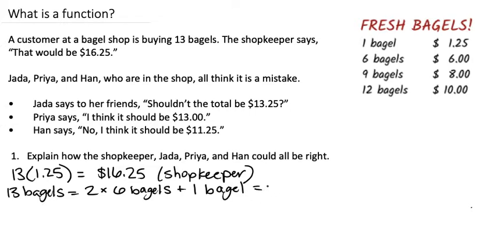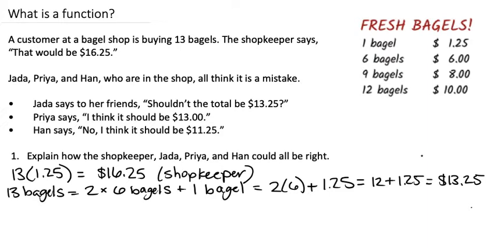So in terms of the cost, I would be spending 2 times $6 and then plus $1.25 for the extra bagel. And so that would give me a total cost of $13.25. And so that must be the method that Jada used to calculate the cost.